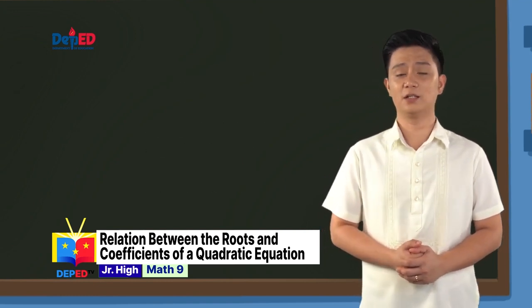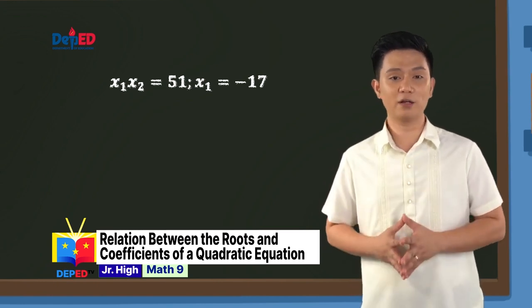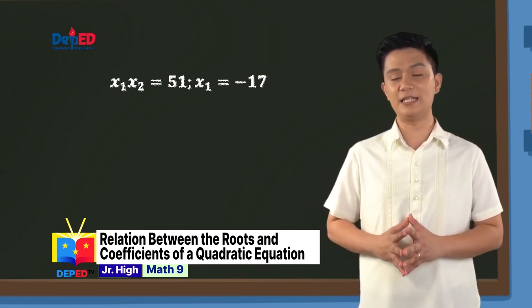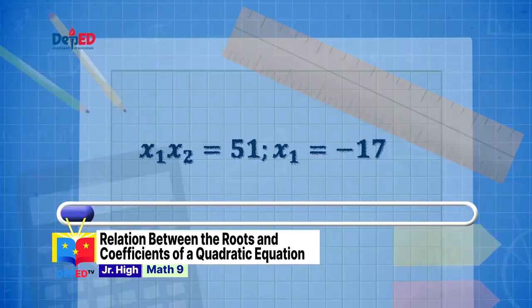Item number 3. The product of the roots of the equation is 51. One of the roots is negative 17. For 30 seconds, go!